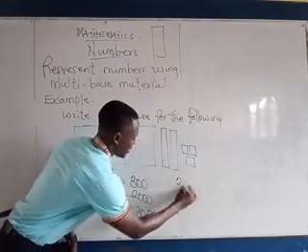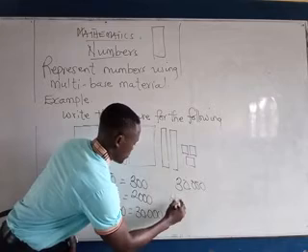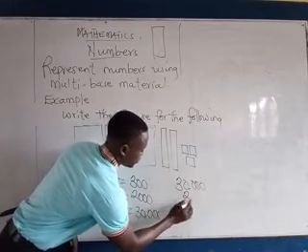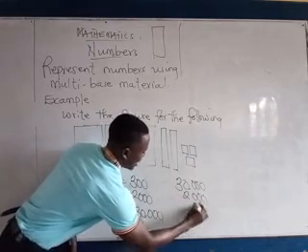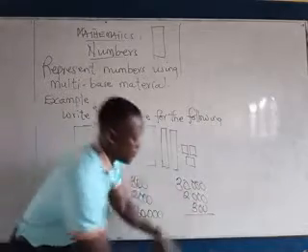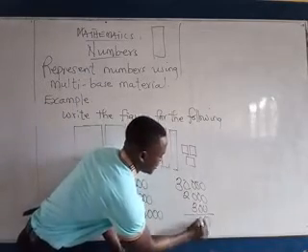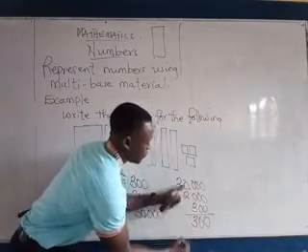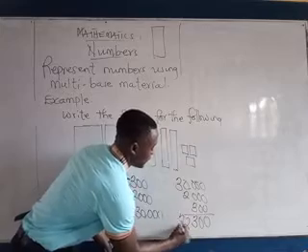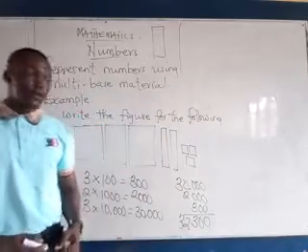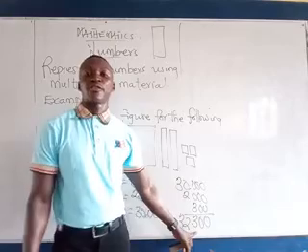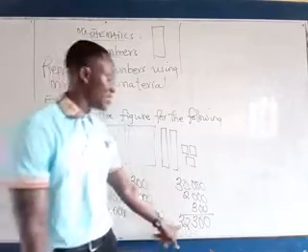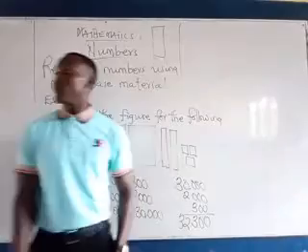So 30,000 plus 2,000 plus 300 gives us 32,300.